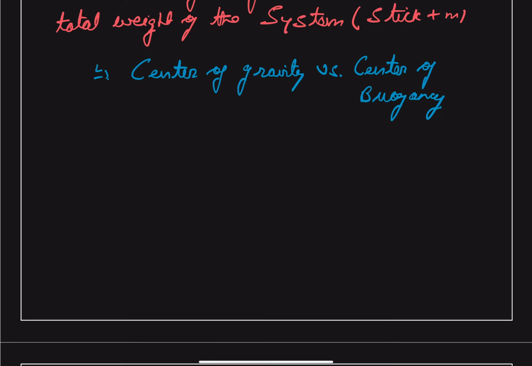So based on this, we can write that for rotational equilibrium, the center of mass of the system, which is stick plus small m, should be below the center of buoyancy.